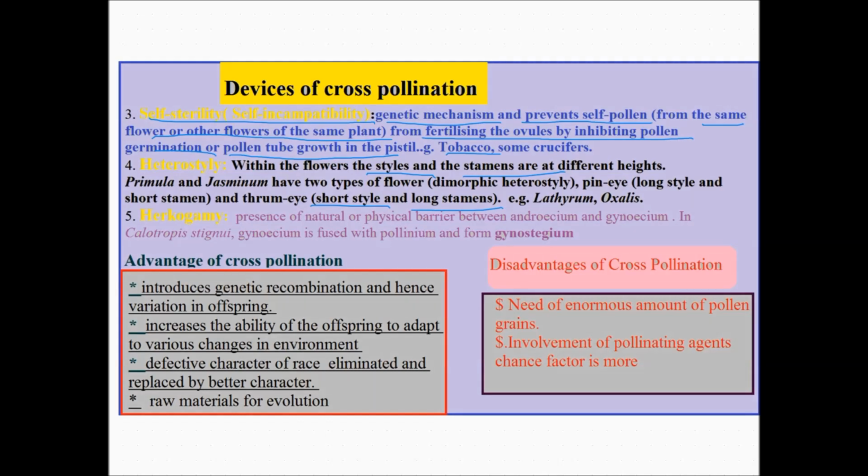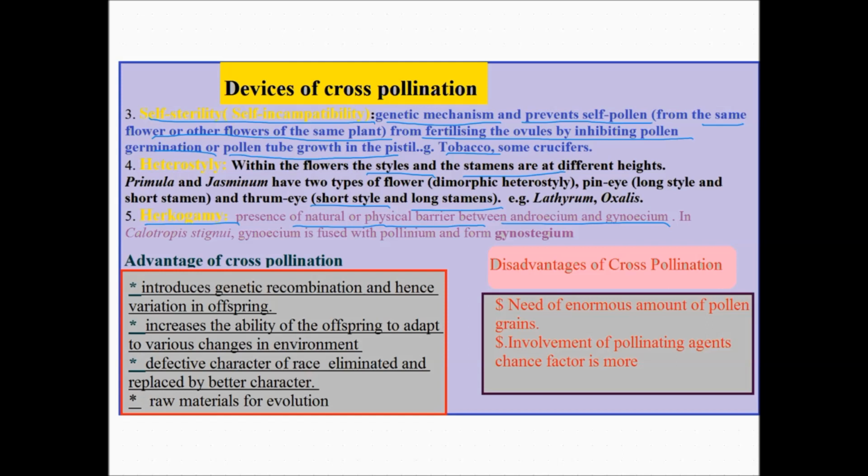Next device for cross pollination is herkogamy. It is the presence of natural and physical barrier between androecium and gynoecium which prevents self pollination and carries out cross pollination.